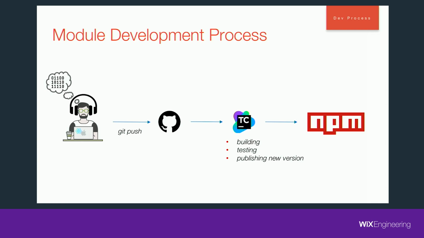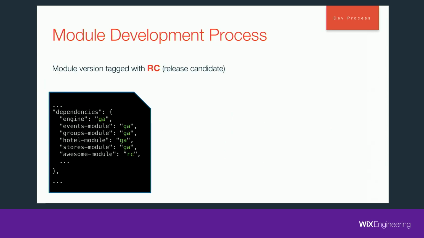And this will happen again and again until the developer decides that he finished his feature or he decided to release a version. Then he will tag his model, his best version from all the versions he did, with a tag called RC, release candidate.